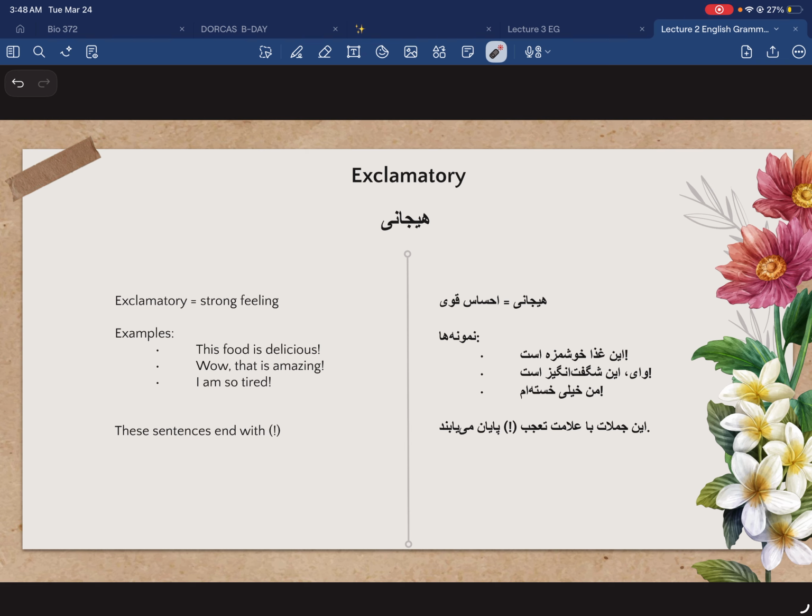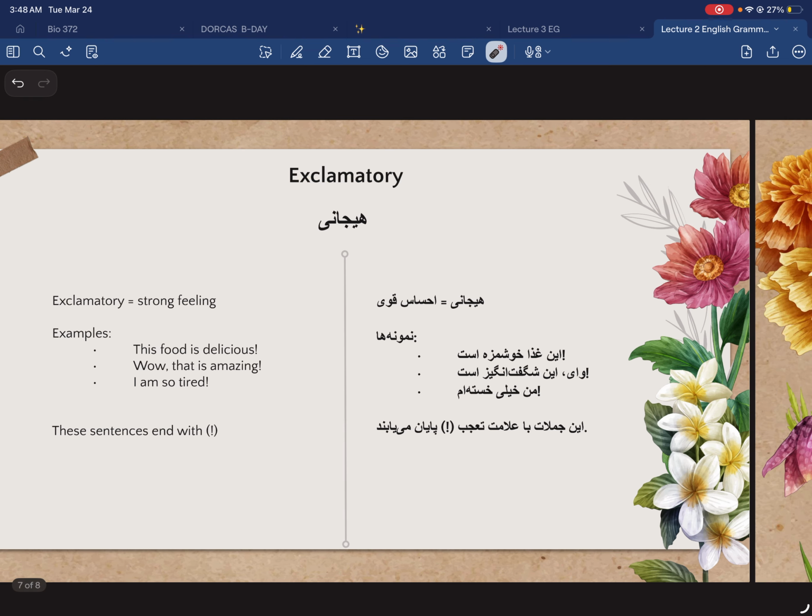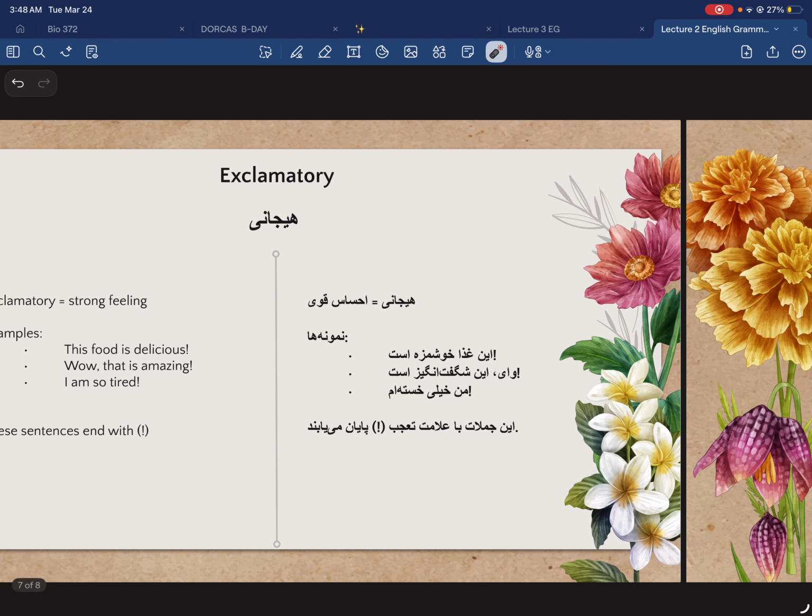These express strong emotion, usually excitement, anger, or just strong emotion in general, and they usually always end in an exclamation mark. That's a big indicator that something is an exclamatory sentence, because of the exclamation mark. Remember that.